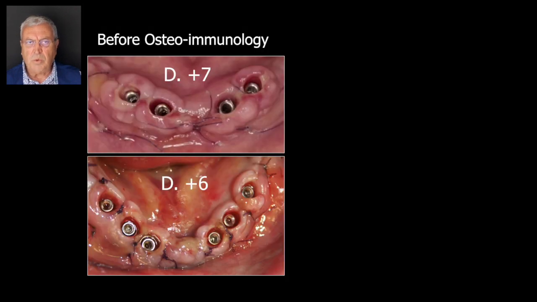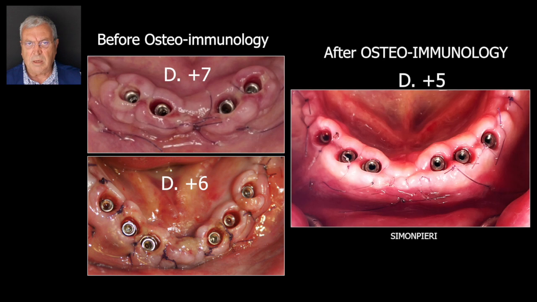This is what we were doing before. Using PRF and other stuff, the healing was very good, but today, when we introduce the topical azithromycin, what do we see? Faster healing and better gum thickness.